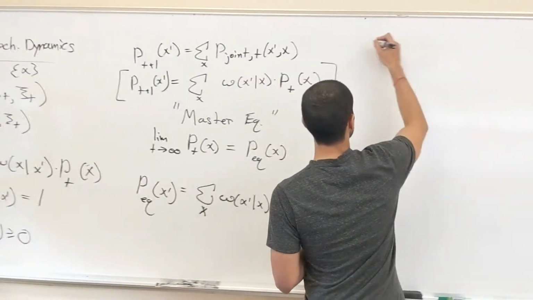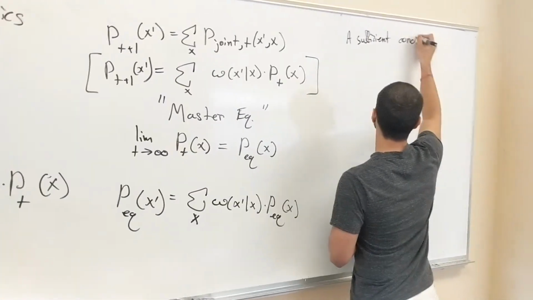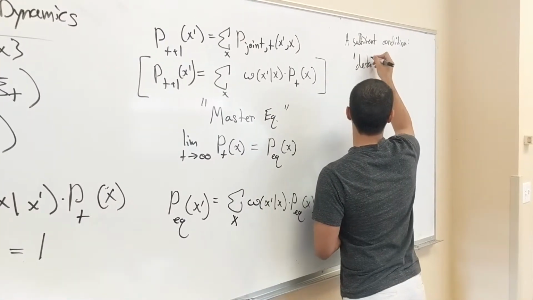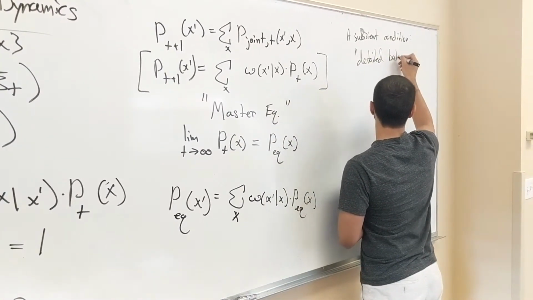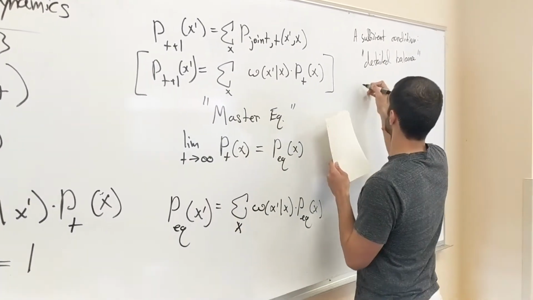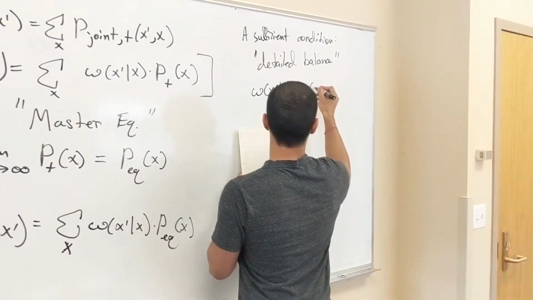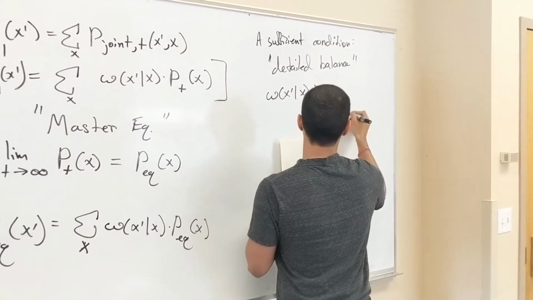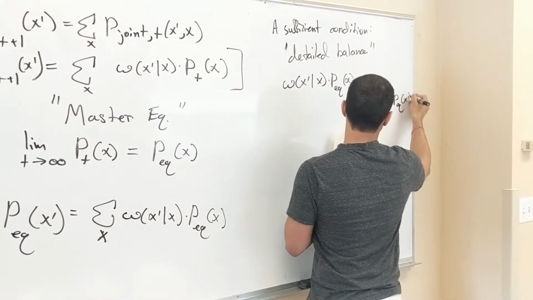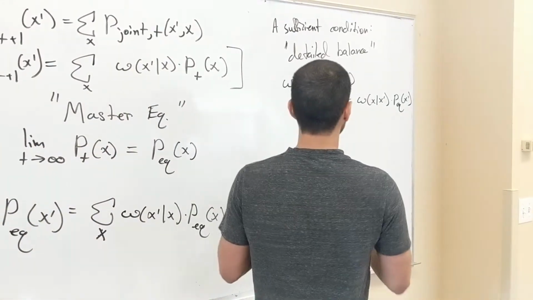So a sufficient condition for this is detailed balance. Which is really a statement of reversibility. So this is equal to, which again is just a statement of reversibility of your omega matrix.